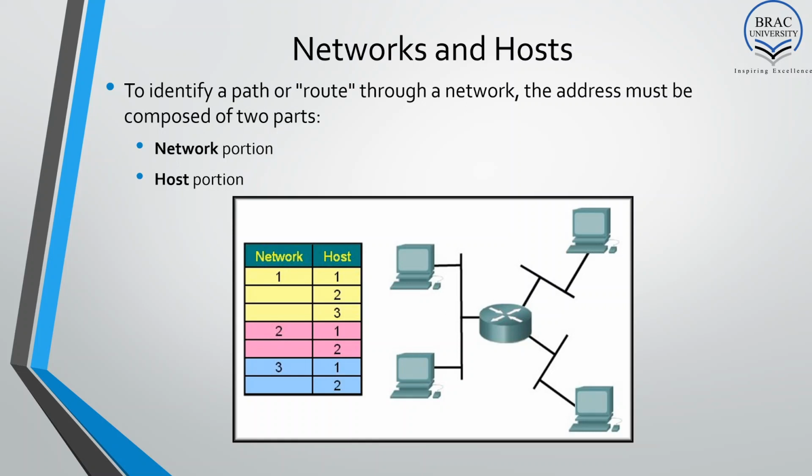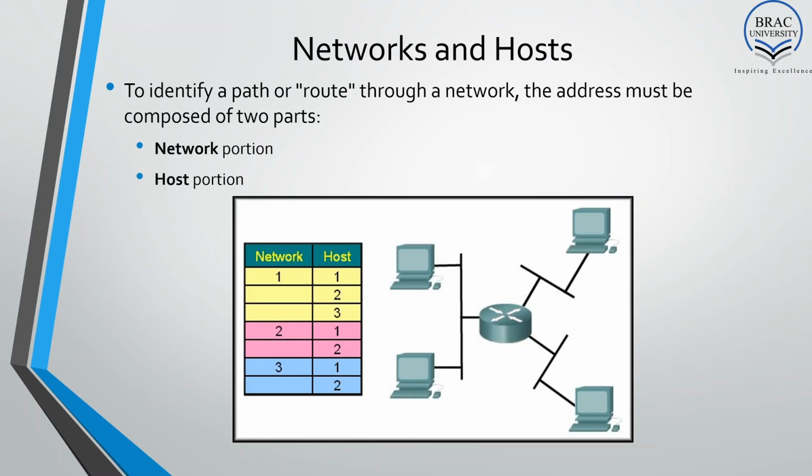Now, networks and hosts. As I said, the IP address has 2 parts, right? The network part and the host part. The network part basically identifies a whole network. For example, Brac is a network, right? You can access the TSL from anywhere if you're in Brac, and that is possible because Brac is one single LAN, and a LAN is under a single network.